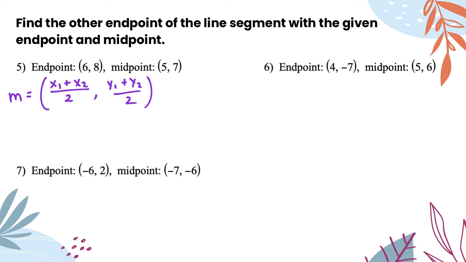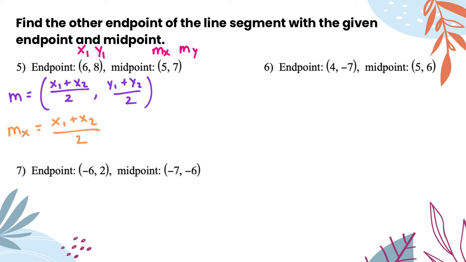For these problems, we'll split into two parts. First, I'll find the midpoint x coordinate, and I'll do that by solving for a missing value. This endpoint is where I find my x1, y1, and the midpoint is where I find the midpoint x value and the midpoint y value.